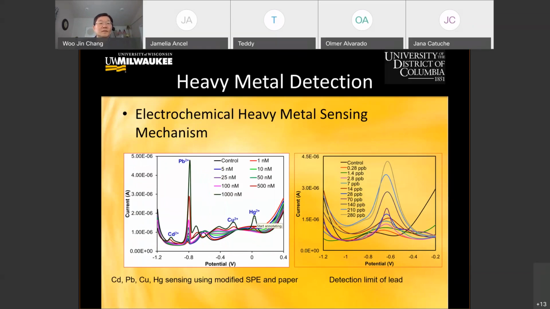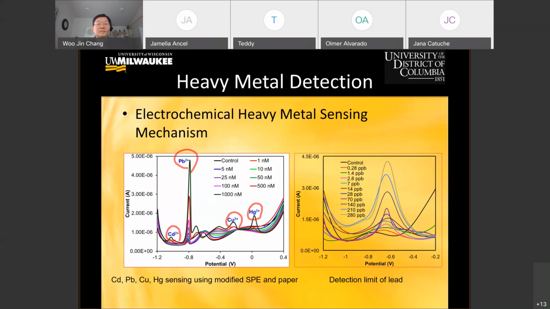Because of that, you can see that multiple heavy metals can be detected in a single operation. So this is the method that I'm using to determine the heavy metals.